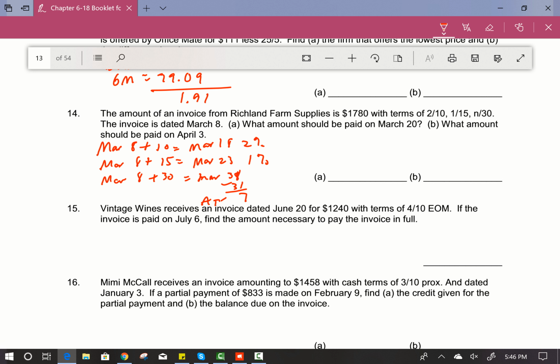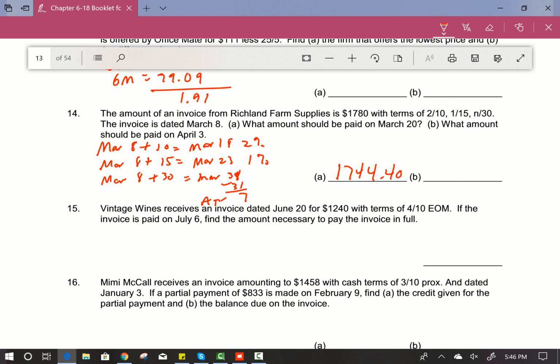We get the discount of 2%, so $17.80 times the complement of 2% is 0.98 after you move the decimal point 2 places to the left, and that gives us $17.44.